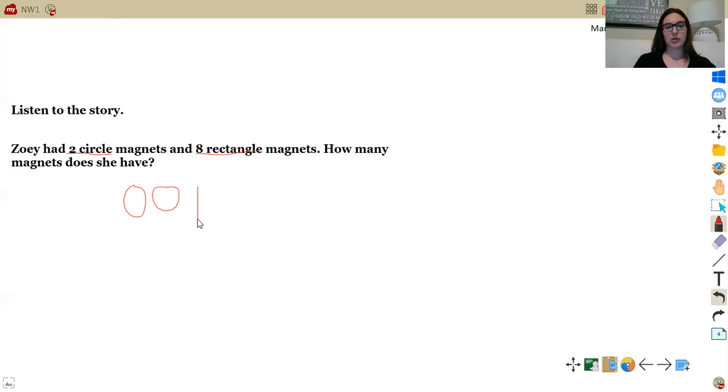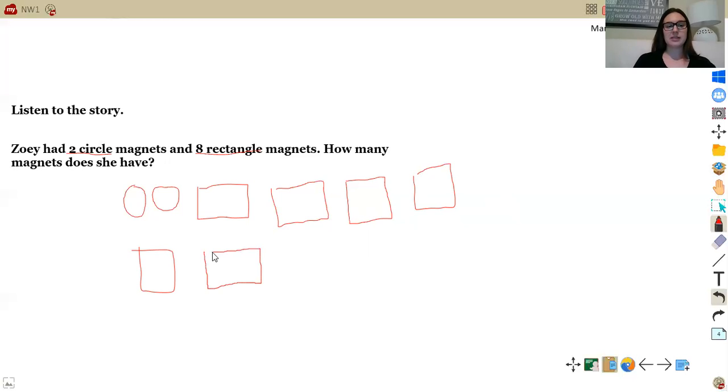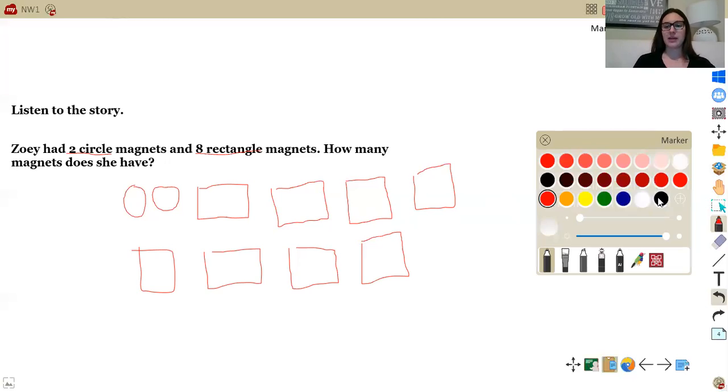So then I'm going to draw rectangles. 1, 2, 3, 4. I'm going to come down here. 5, 6, 7, 8. So now that I've drawn my picture, let's go ahead and label to see how many Zoe had.